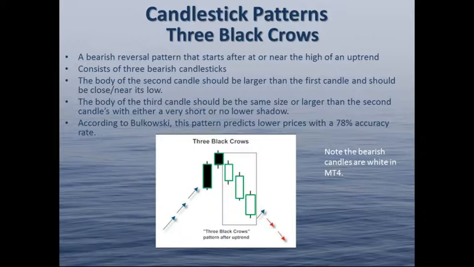The accuracy of this pattern increases if the bullish upward trend leading to this pattern occurred with relatively low volume, whilst the 3 candles within the black crows consist of relatively high volume.